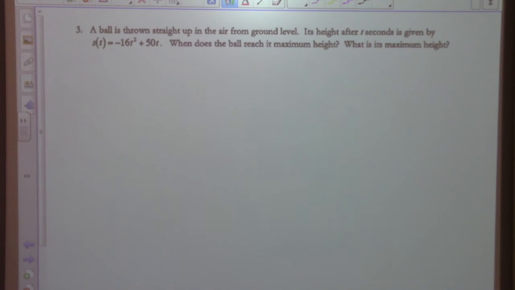Same procedure, so the first step is S prime of t is equal to negative 32t plus 50. And then what next? 0 equals negative 32t plus 50.